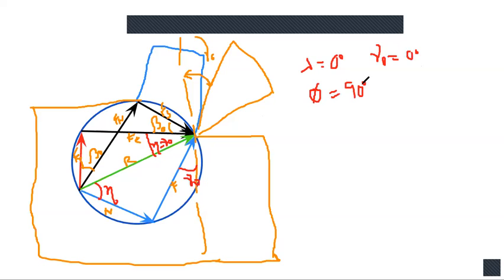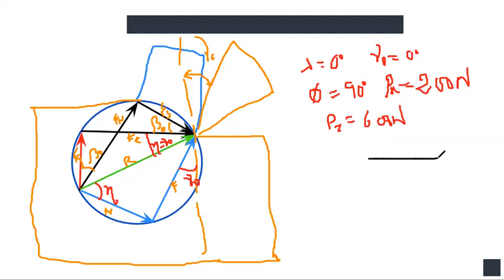Px, the axial force, is 200 Newton, and Pz, the tangential component, is 600 Newton. All of these are given.